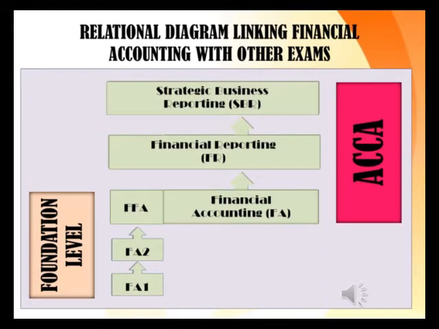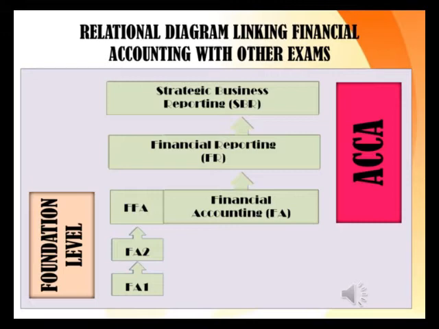Okay, this is a diagram related to financial accounting and how it relates to the papers you need in order to get the professional certificate. As I mentioned before, initially you need to do the CAT, but for JPPro you are special.